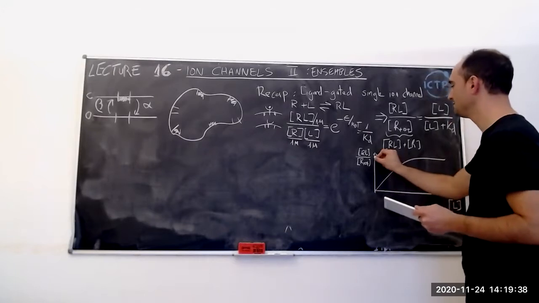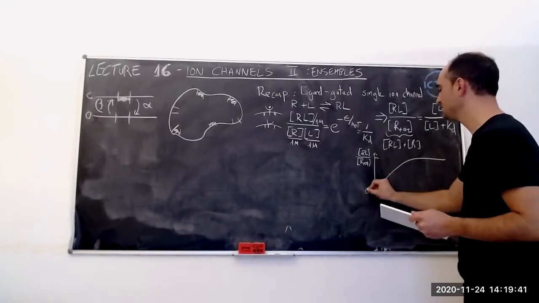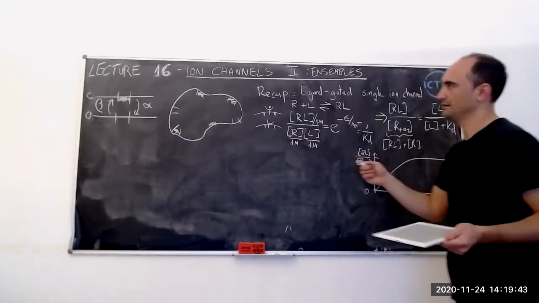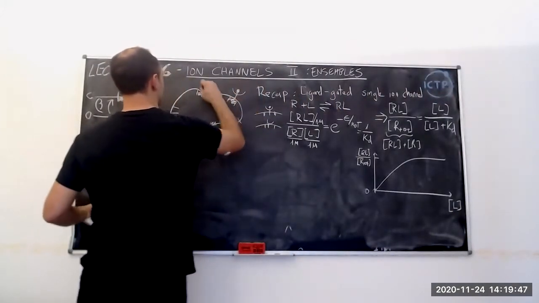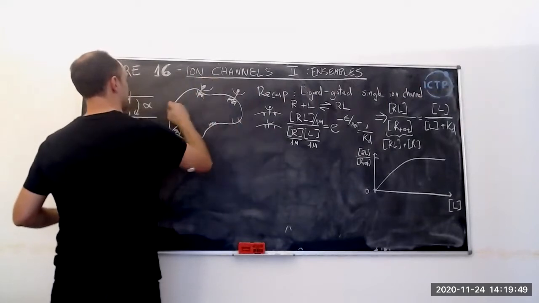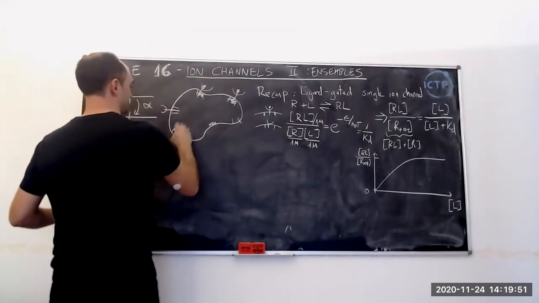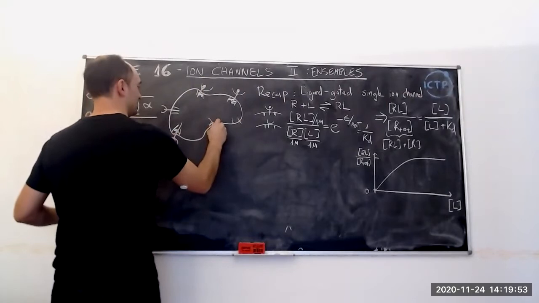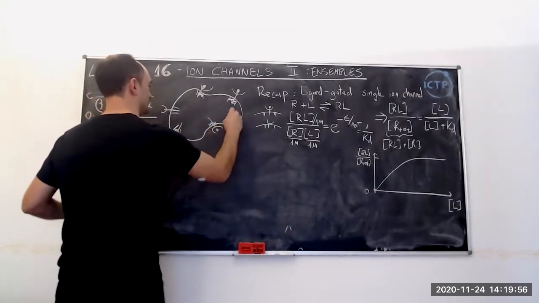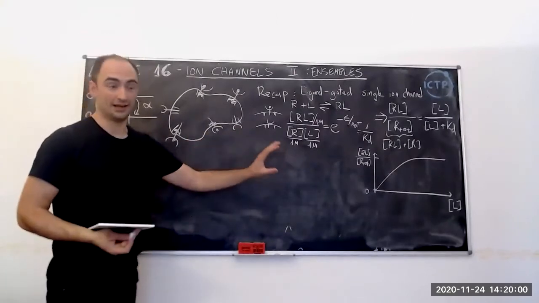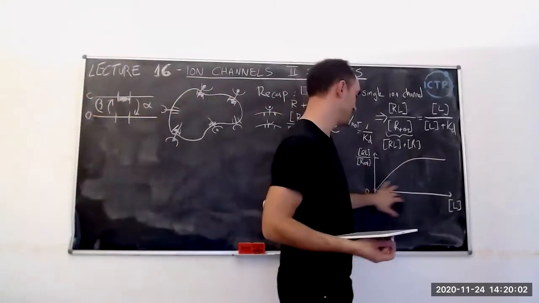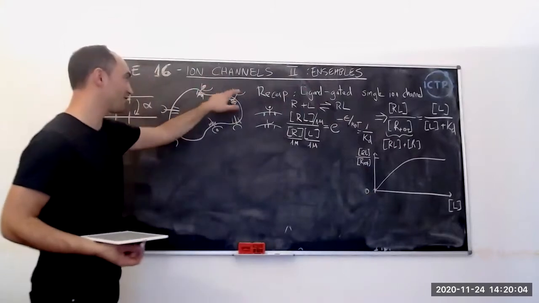It starts from 0. Let's say this is the picture: this is occupied, this is free, this is occupied, and this is free. Of course, when the concentration of ligand is 0, it means these circle molecules don't exist.